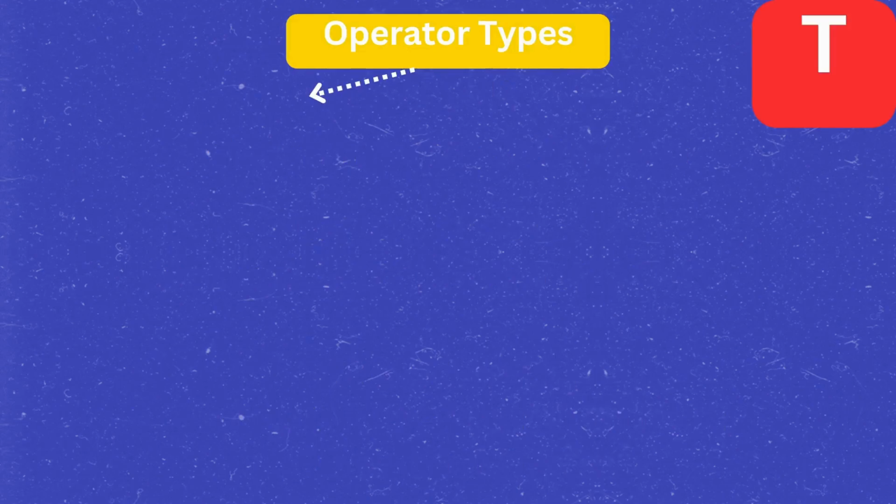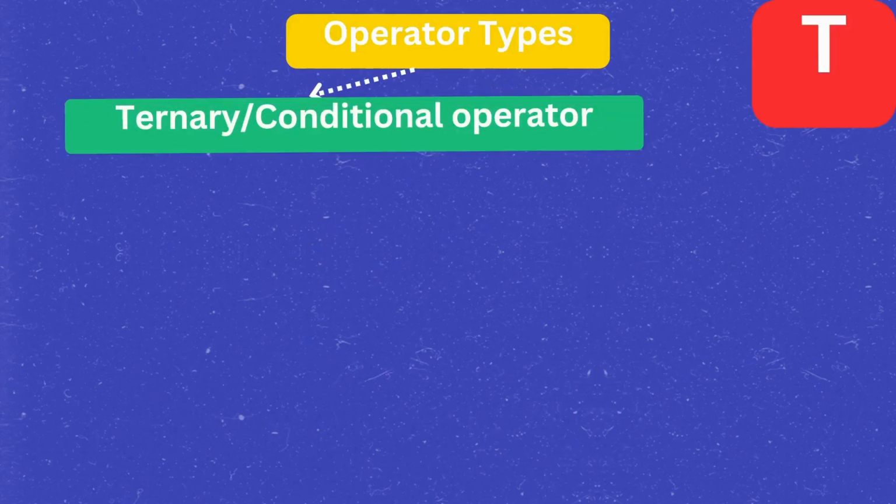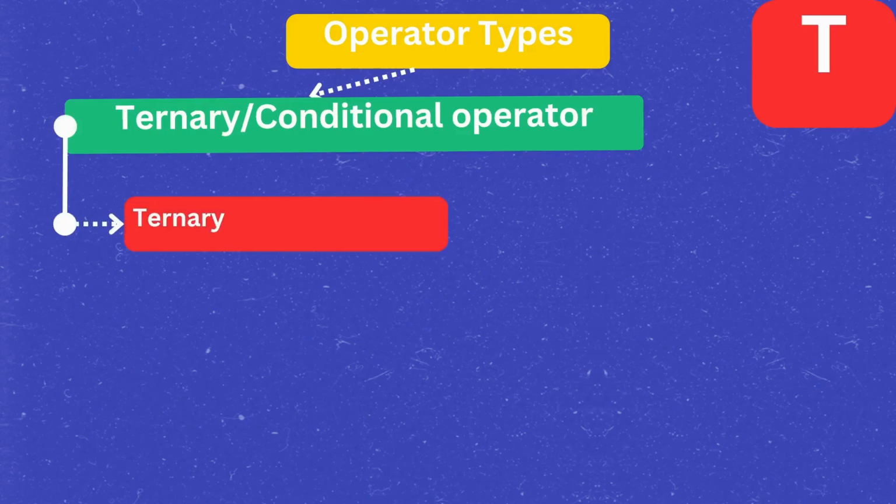Now, operator types, we have the third type, which is the ternary or conditional operator. Ternary means it will be applied on 3 operands. Let's see an example of this. Whenever you apply the ternary operator, there will be 2 operators used together, which are the question mark and the colon symbol.